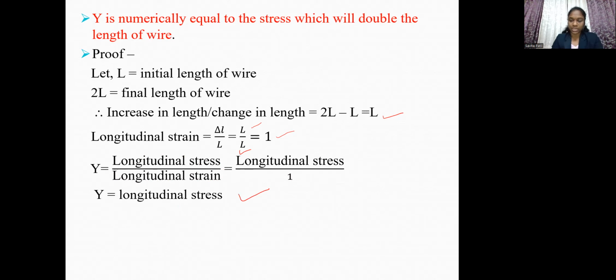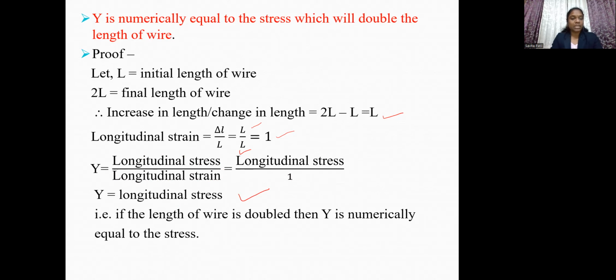And from this equation, we conclude that if the length of the wire is doubled, then Y is numerically equal to the stress. And here we complete the proof. And this is all about Young's modulus.